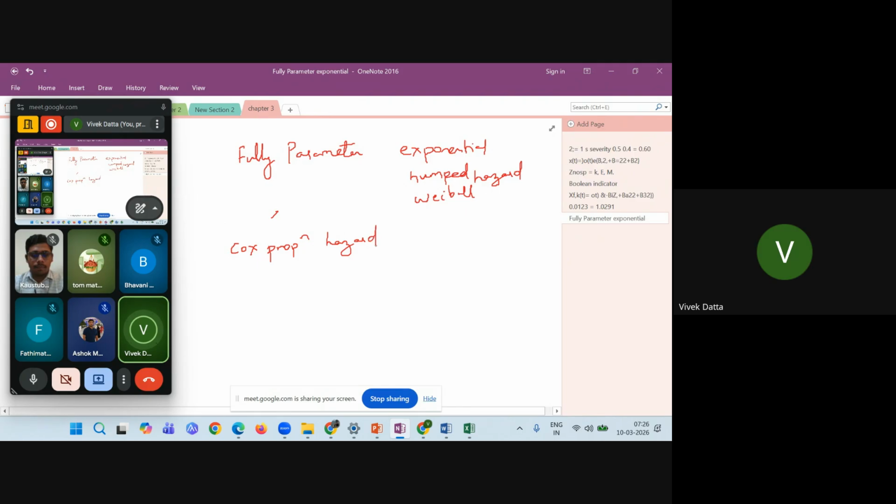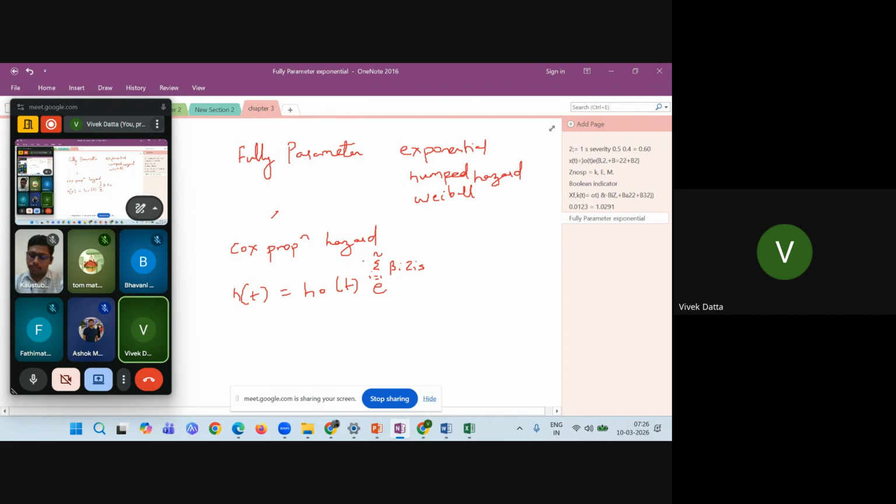Now, what is the definition of the Cox proportional hazard model? h(t) is equal to h0(t) e raised to the summation of beta i Z i, with i from 1 to whatever, it could be any number.